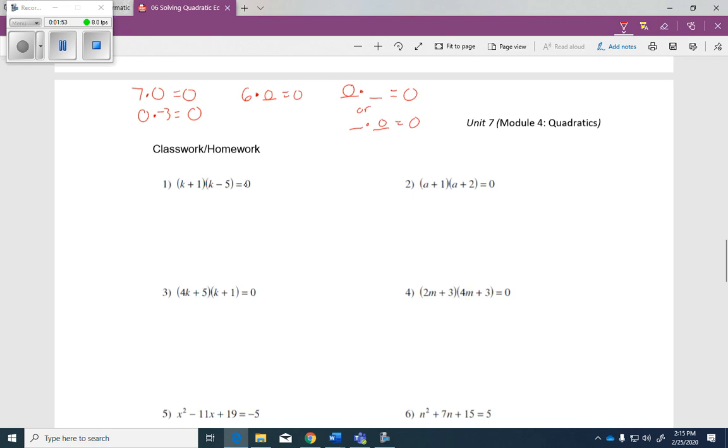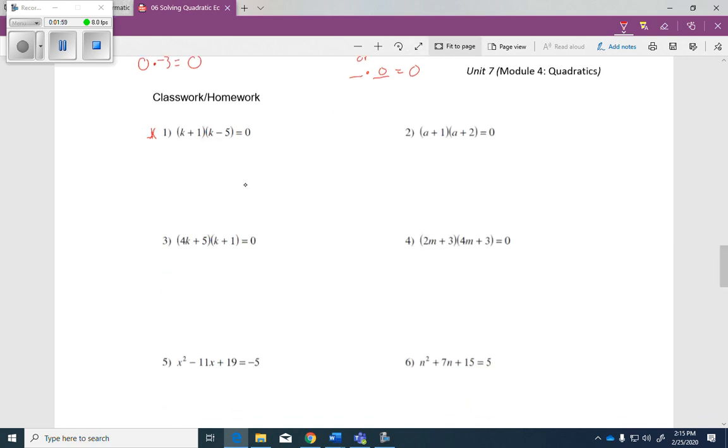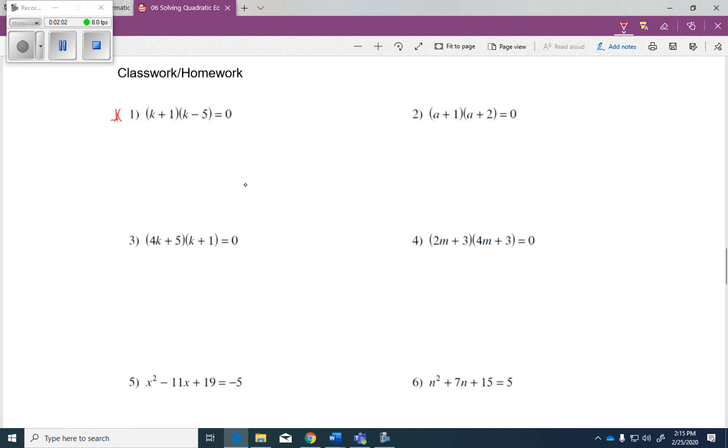So if we go and look at number 1, what we see right there is two things being multiplied, two factors. So we have a k plus 1 being multiplied by a k minus 5. When I multiply these two factors, my answer is 0.